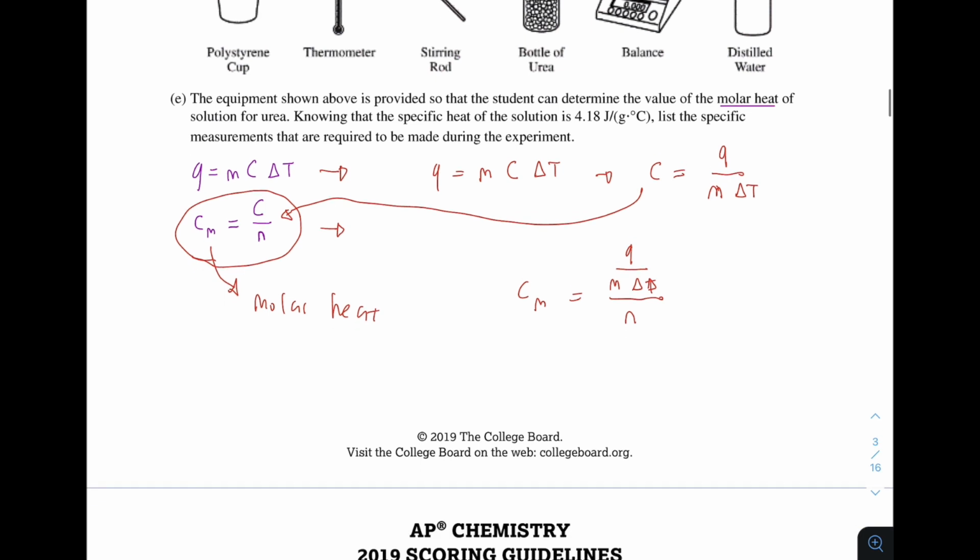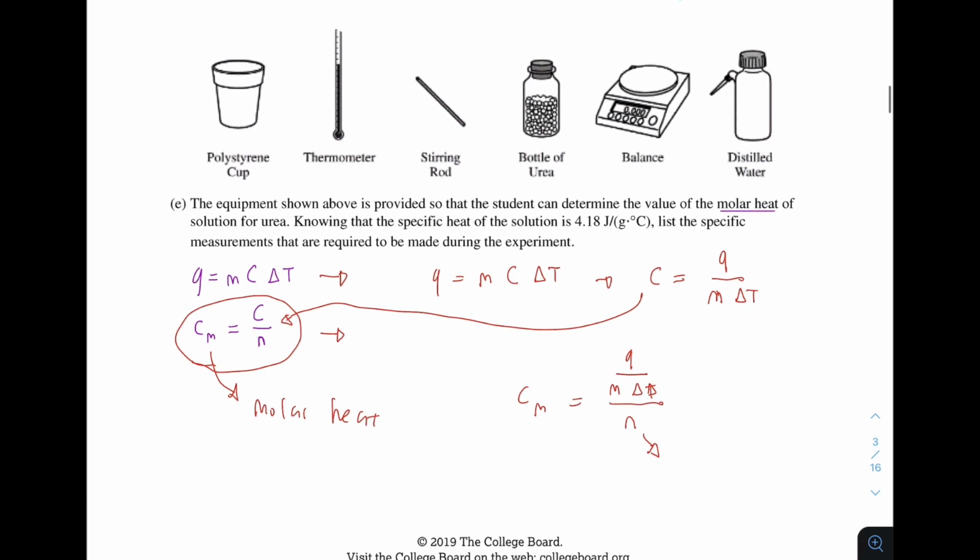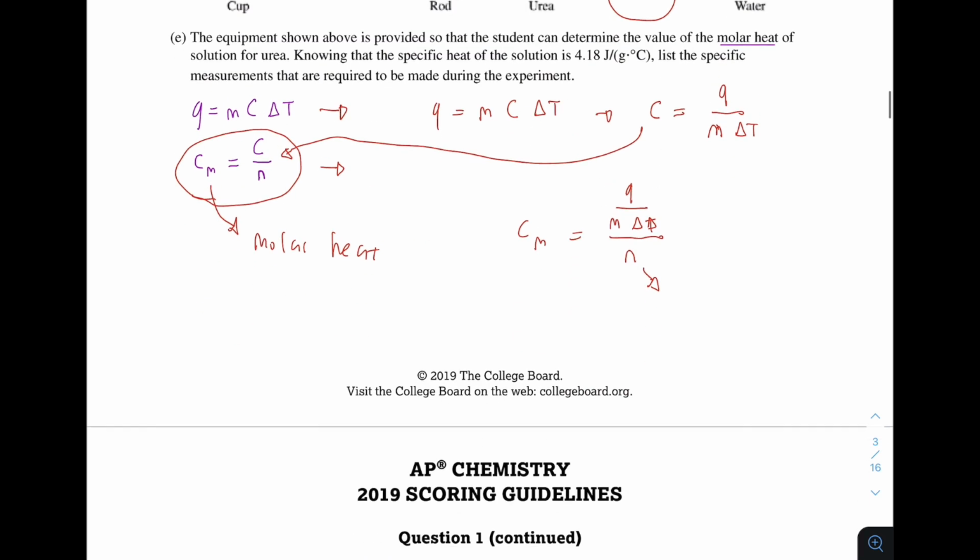So now the question is, what are we going to need to solve this? The variables we're going to need are, first of all, the number of moles. For the number of moles, we're referring to the number of moles of urea, and we're going to need the balance for that, which is going to give us the mass of the urea. So the first thing we need is the mass of the urea.